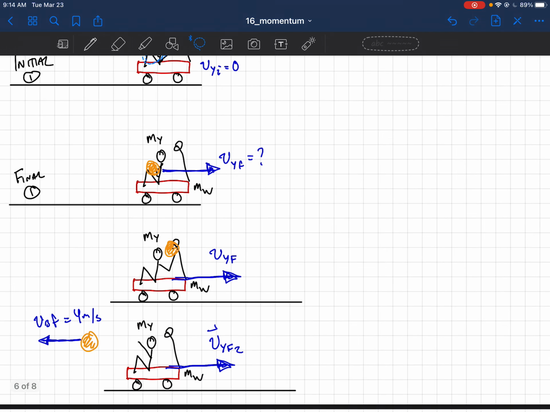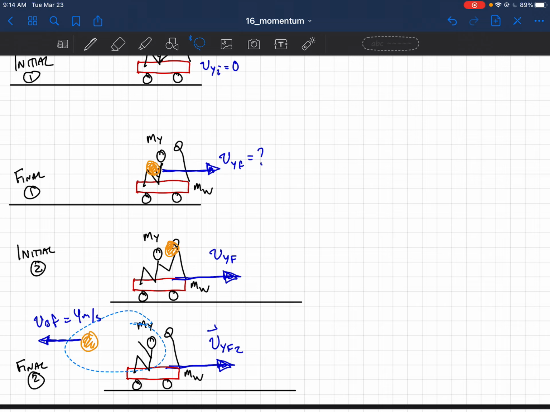And then we could call these 2 pictures the initial 2 picture and the final 2 picture. In between these 2 pictures, there wasn't a collision, but there was sort of the opposite of a collision. You had you with the ball, and then finally you without the ball.